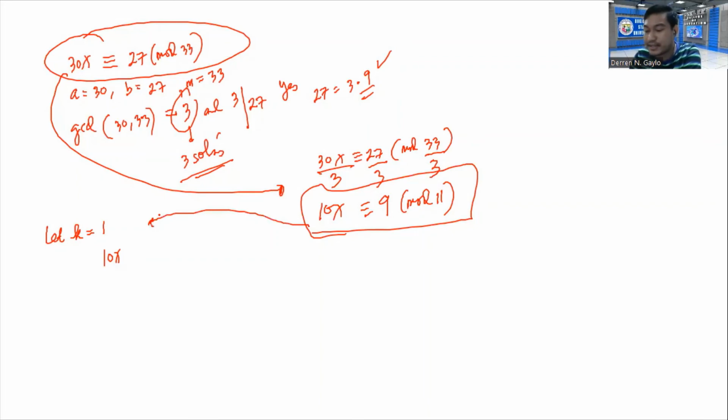So, the first is let k is equal to 1. You have 10x is equal to 9 plus 11. Nag-ingon man tang atong k is 1. So, 10x is equal to 20. So, divided by 10, x is equal to 2.